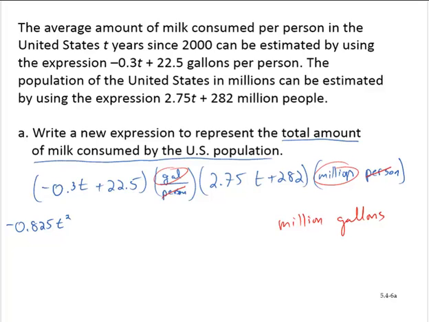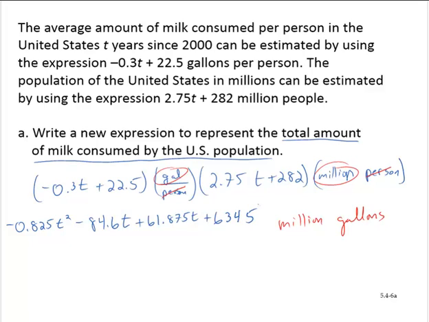Outers, negative 0.3 times 282 is negative 84.6 T. Inners, 22.5 times 2.75 T yields 61.875 T. And the lasts, I'd have 22.5 times 282. And so that's plus 6,345.